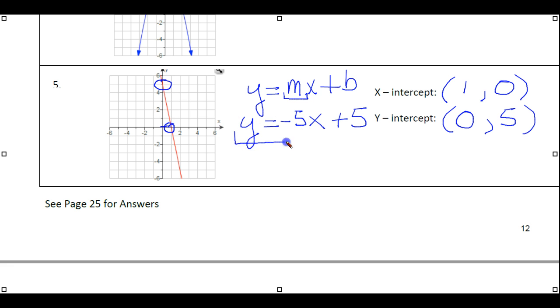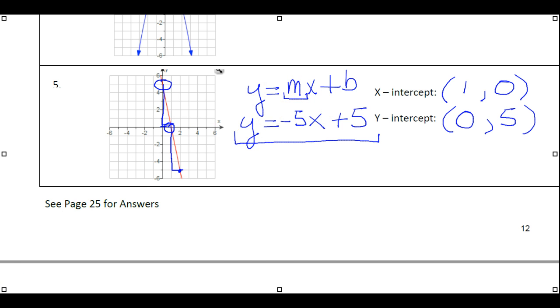So there is the equation of this, just picking it from the graph. Now if you go down 1, 2, 3, 4, 5, and then over 1, there's another little right triangle. There's all these little right triangles you can make all along where it crosses the grid, and you can figure out the slope.